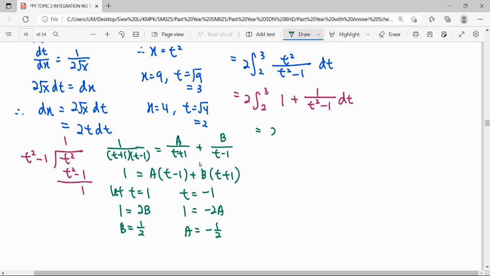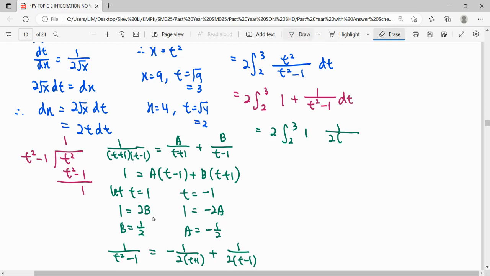When we substitute here, you can notice that this partial fraction is equal to 1 over 2, where a is negative 1 over 2 with denominator t plus 1, and b is 1 over 2 with denominator t minus 1.